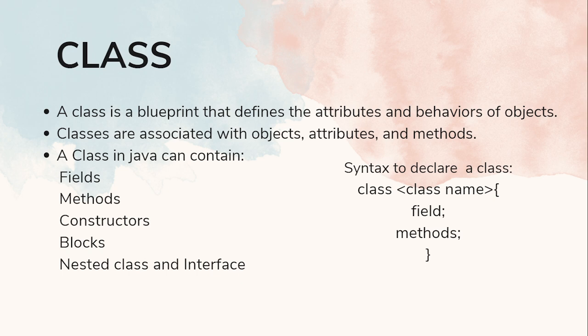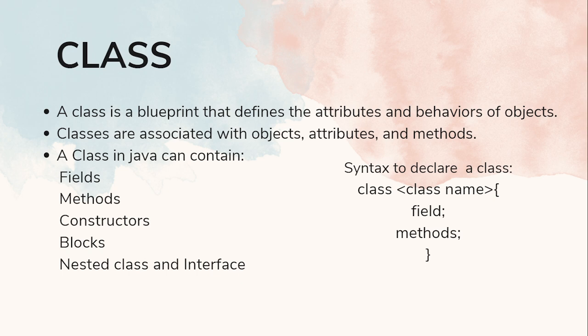We can apply the brake, we can drive it, we can accelerate it. These are the things that come under behavior or methods. And apart from that, whenever a class is created, there is some unique identifier by which we can identify an object.